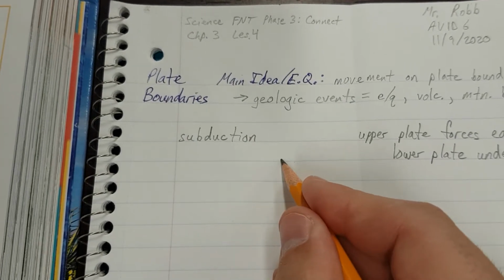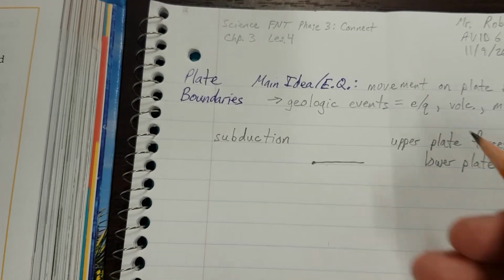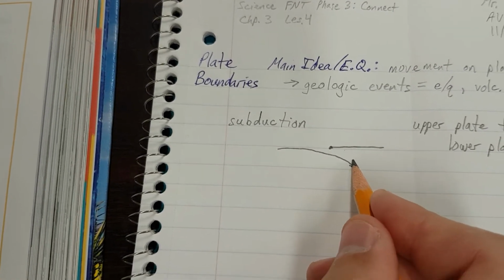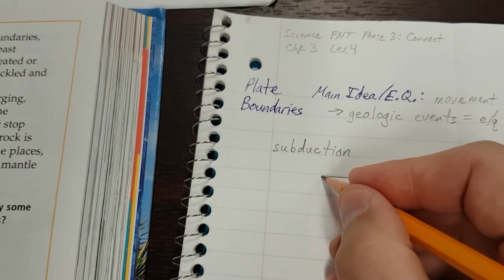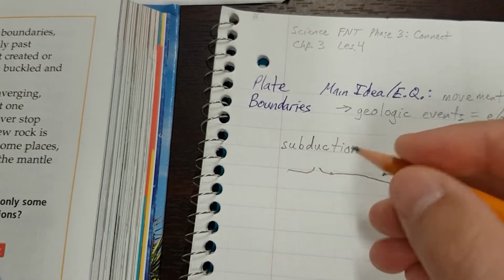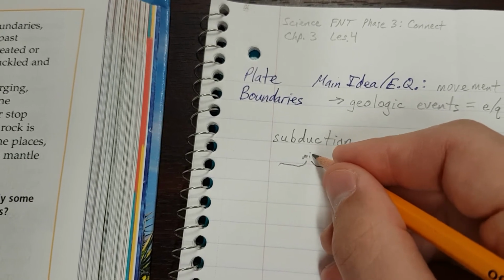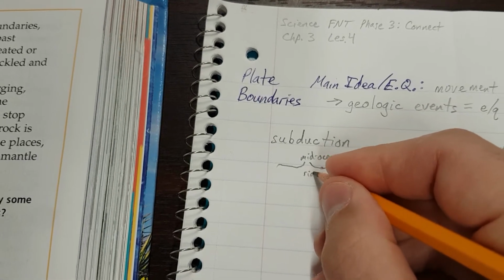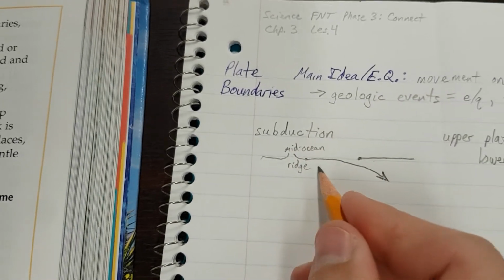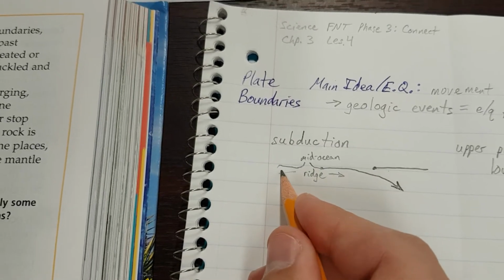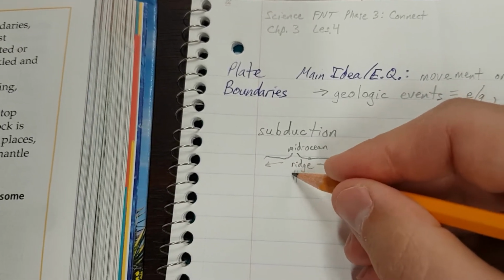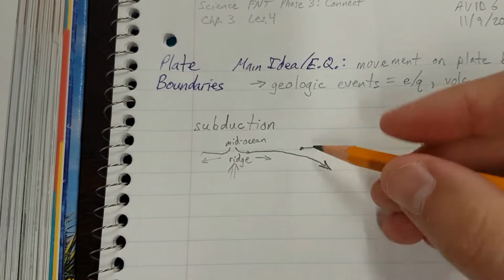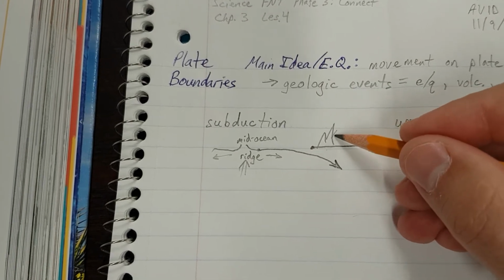So let's see here. There's a plate, and we'll put a little dot so we kind of remind ourselves that's the edge. Here's another plate coming in, and draw an arrow. Remember, way out here somewhere is the mid-ocean ridge, M-I-D, O-C-E-A-N, R-I-D-G-E. That's where the plates are separating because magma is rising up into the gap. And then over here we can kind of build our mountains.